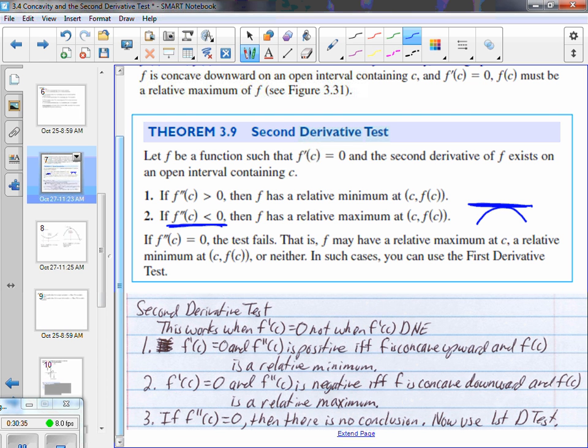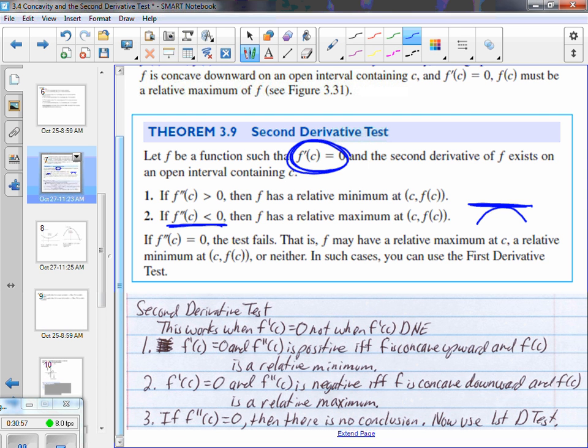If the derivative does not exist, then don't try the second derivative test. Only try the second derivative test where the derivative equals 0. I can't emphasize that enough, because otherwise you're just wasting your time. You're not going to get a conclusion.